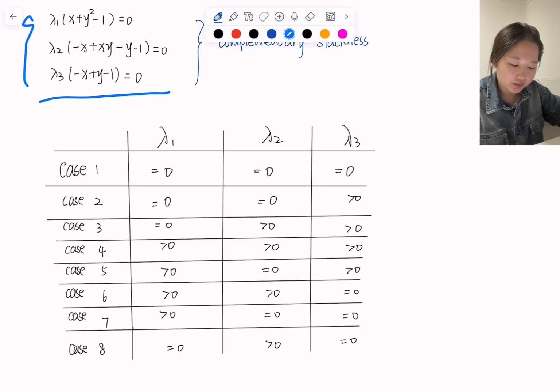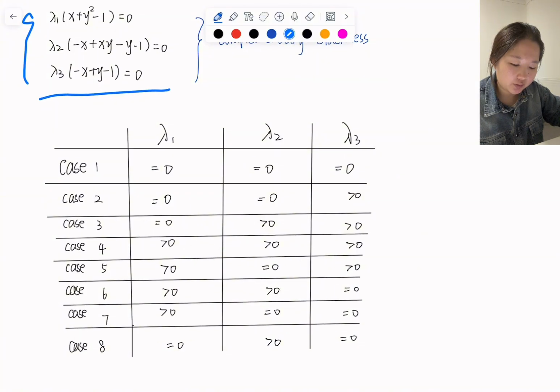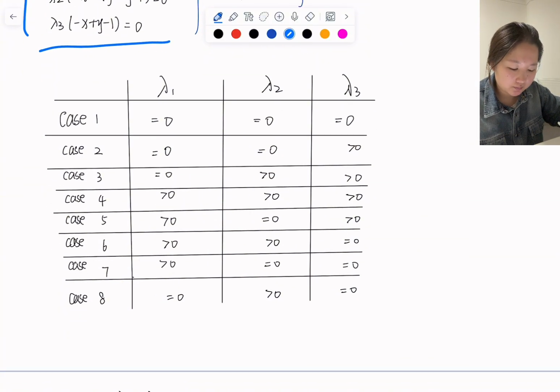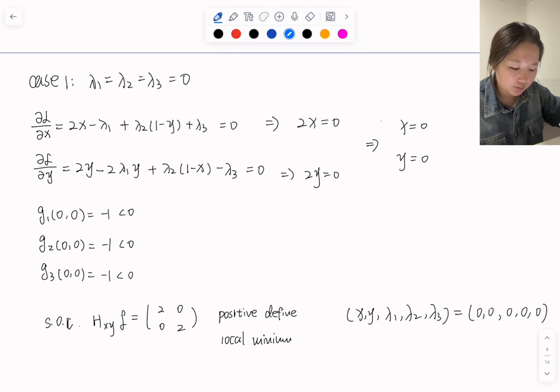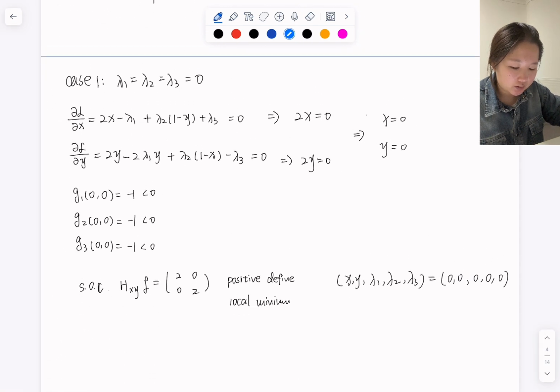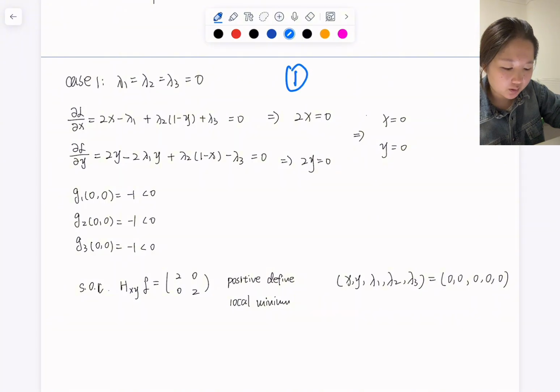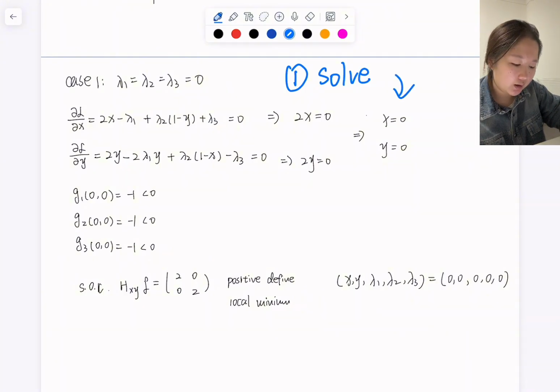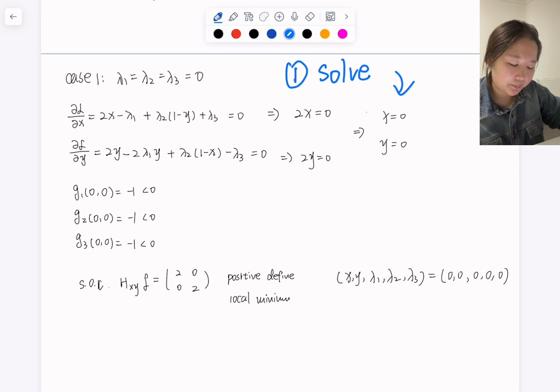Here are the 8 cases I have discussed. It depends on the different arrangements of the binding constraints. When solving the cases, the first step is to substitute all the known elements into the equations we need, to solve for x, y, and also lambda.